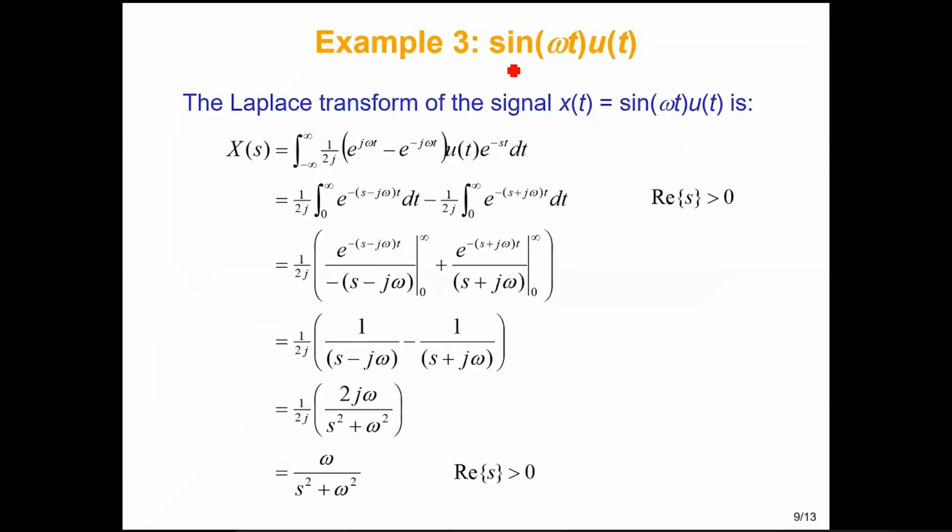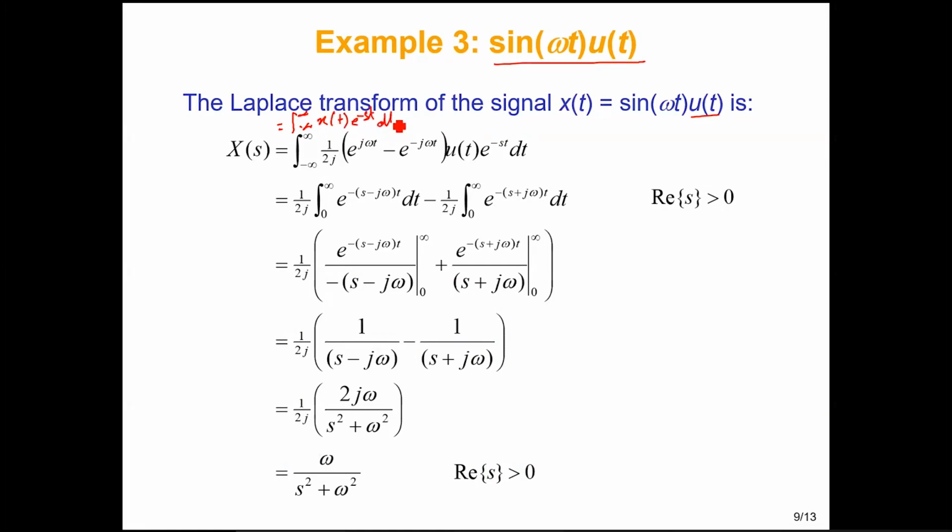In the third example, we have gone for a sinusoidal signal, x of t is equal to sine omega t u of t. Again, this u of t is making it a causal system. So if you want to find the Laplace transform, we can just plug it inside the formula, integral from minus infinity to infinity x of t e raised to the power of minus st dt.